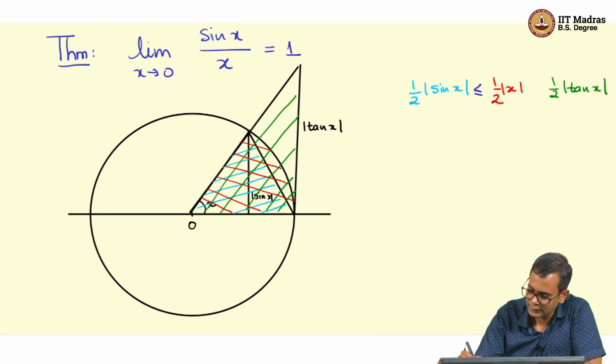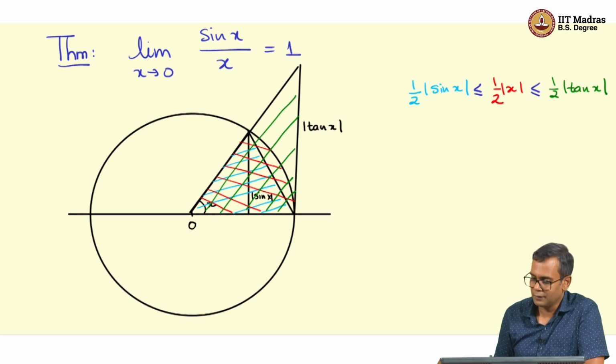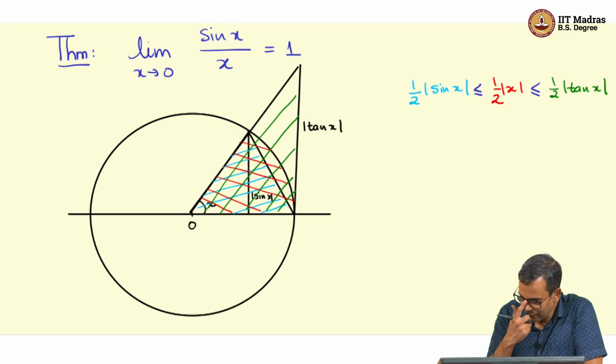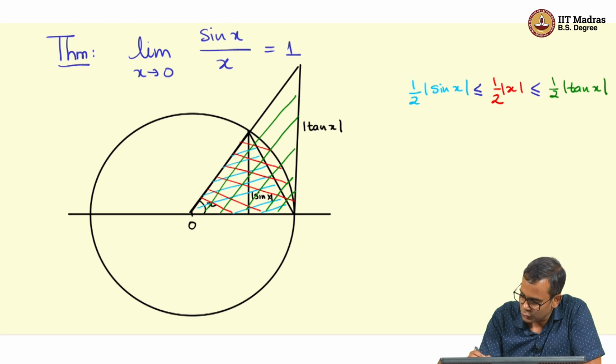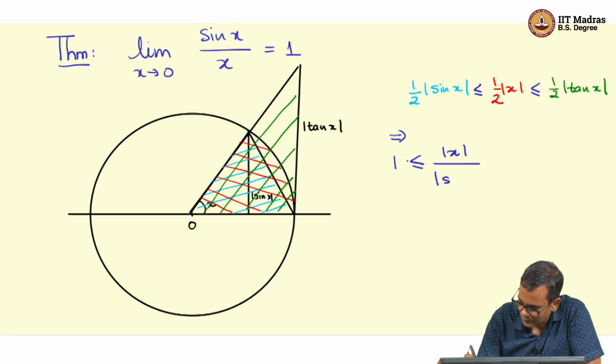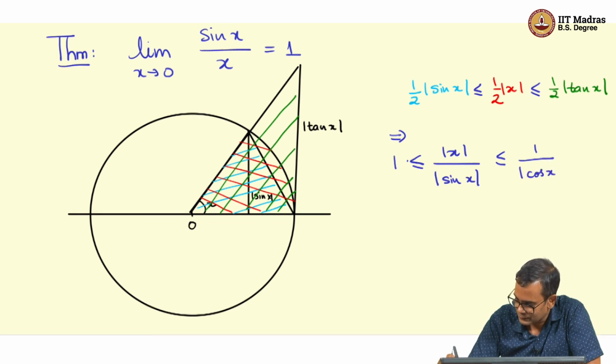So, we have inequalities like this. Now, we can divide throughout by the absolute value of sin x and multiply throughout by 2. What we get is 1 is less than or equal to the absolute value of x over the absolute value of sin x, and that is less than or equal to tan x is sin x by cos x, so I get here 1 over the absolute value of cos x.